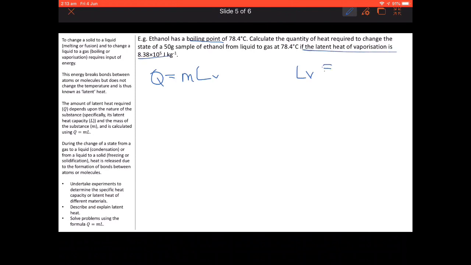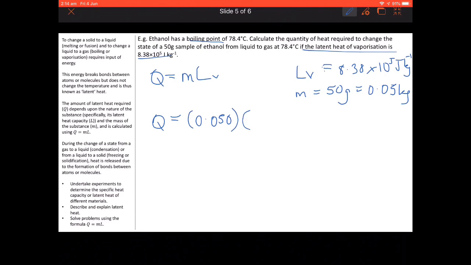So this is 8.38 by 10 to the 5 joules per kilo, and our mass is 50 grams, which is equal to 0.05 kilograms. So all we need to do is pop this in, so mass is 0.05 kilos, latent heat is 8.38 by 10 to the 5.